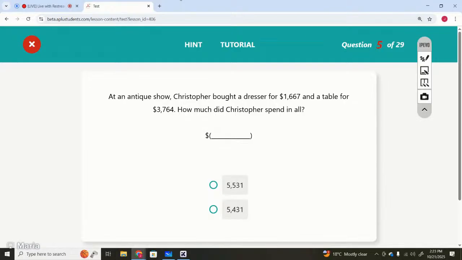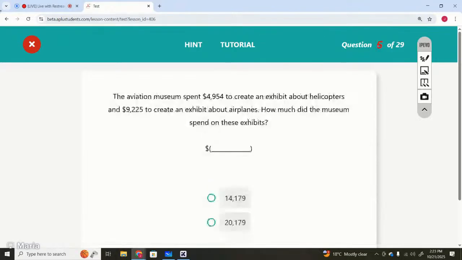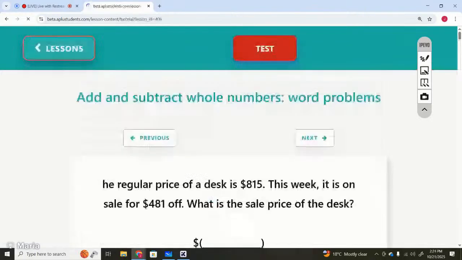You need to add. 7 plus 4 is 11. 6 plus 6 is 12, and 1 makes 13. 7 and 6, so it is $5,431. Okay, you can complete this by yourself later today. Let me just move on to the next lesson.